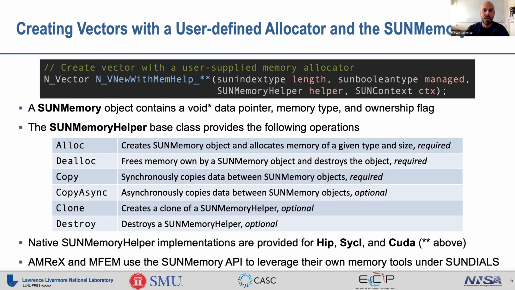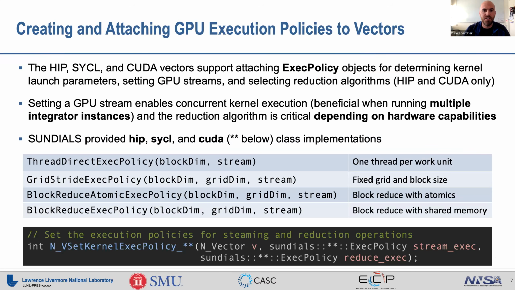So the last special feature that I'll talk about is the option to supply user-defined execution policies. These enable supplying an object that tells the vector what the kernel launch parameters should be, the grid size, the block size, those sorts of things, as well as the stream, and then switching between different implementations of reduction operations, which can be very critical depending on the hardware that you're using.